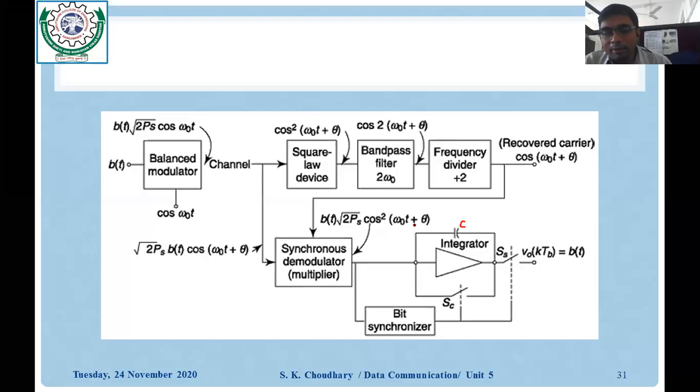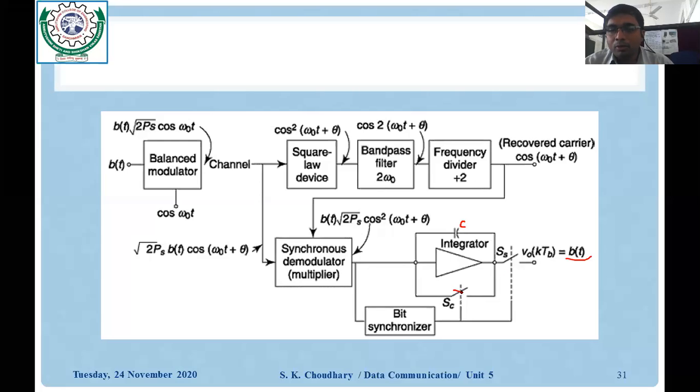So what happens when the signal comes to the input of the integrator, this capacitor would be charged and the integrator output would be available to the switch SS for a very small moment, that is called the bit duration TB, and for that you would get the actual data that we have used for the transmission section, Bt. But at the end of every bit, this is the multiple bit information. What happens?